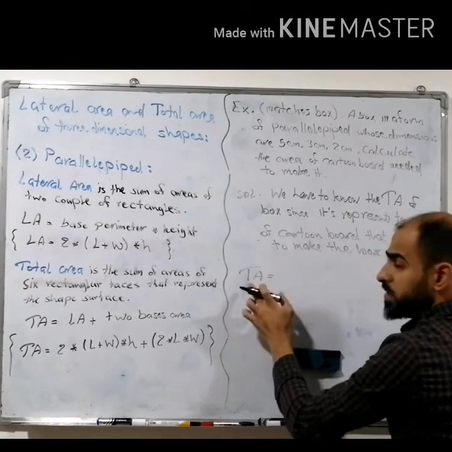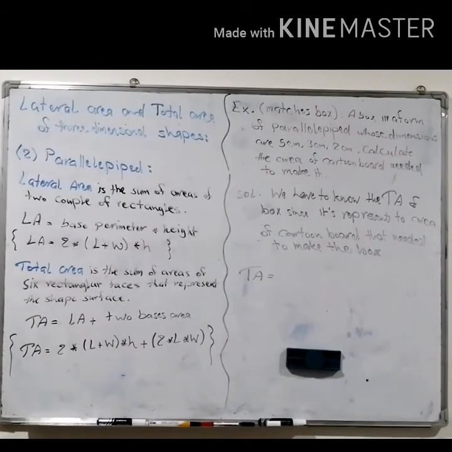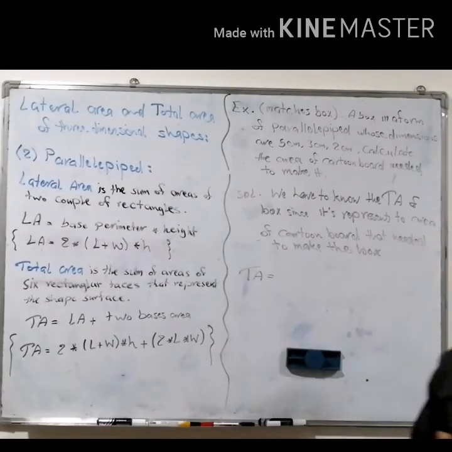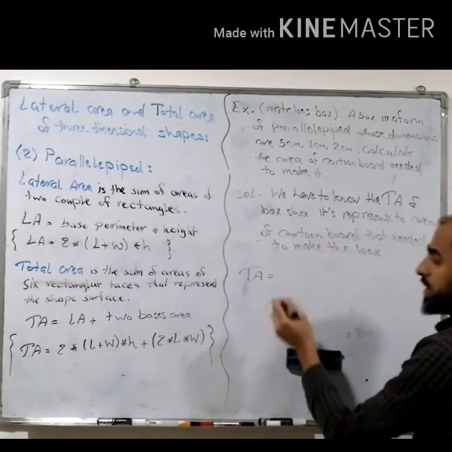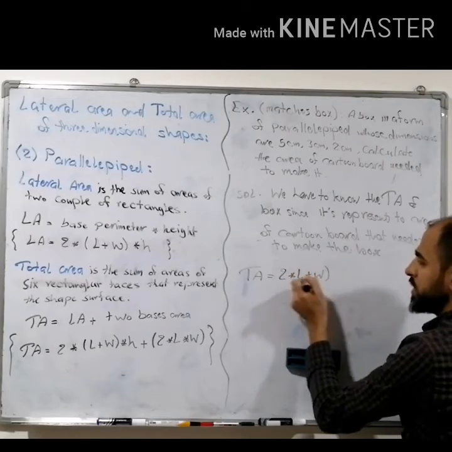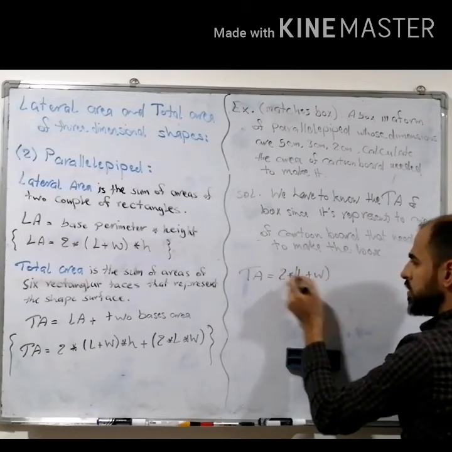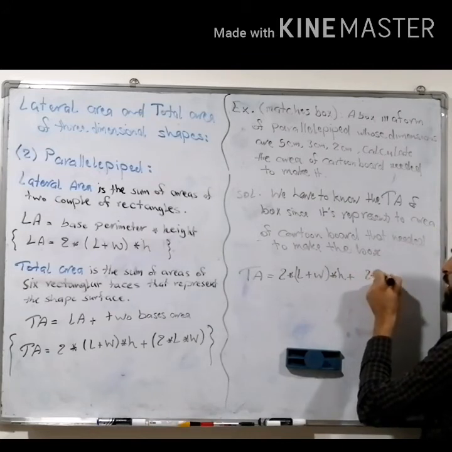I will find the total area directly without finding the lateral area and then substituting it in the total area. So I will use the law of total area directly, which is 2 multiplying by length plus width inside the brackets, multiplying by height, plus 2 by length by width.